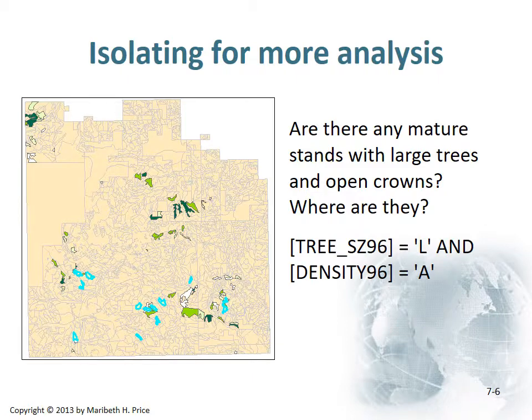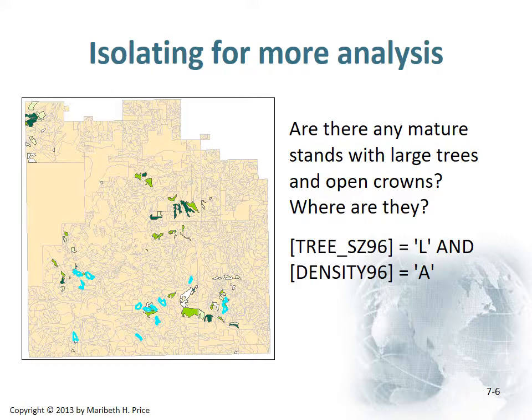So if we have a selection of aspen trees, we might query that further and refine the data. And so we can say, are there any mature stands with large trees and open crowns, and where are those portions of the population of this particular type of tree?